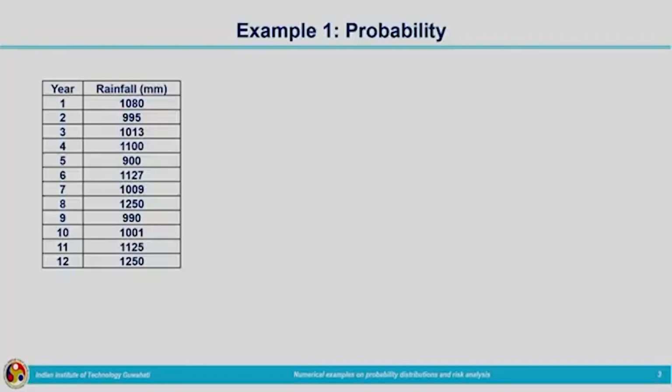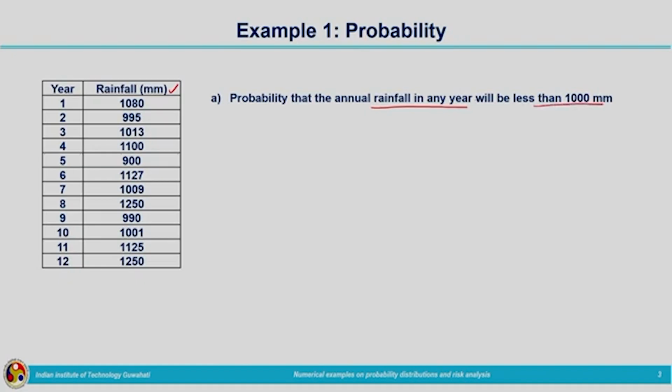These are the data corresponding to annual rainfall, in millimeters, for 12 successive years. We need to find the probability that the annual rainfall in any year will be less than 1000 millimeters. Here we can count how many events represent a value less than 1000 millimeters.